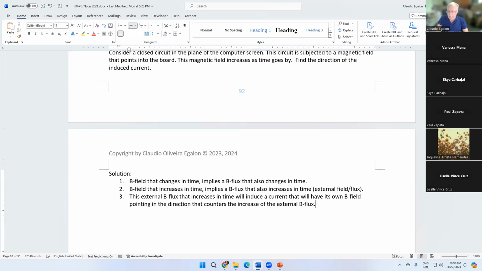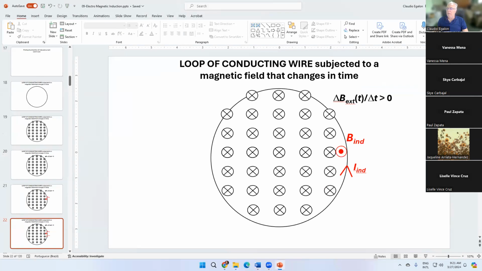Using the right-hand rule, we conclude that the induced current will flow in the counterclockwise direction. Just like we have here in the drawing, counterclockwise direction.